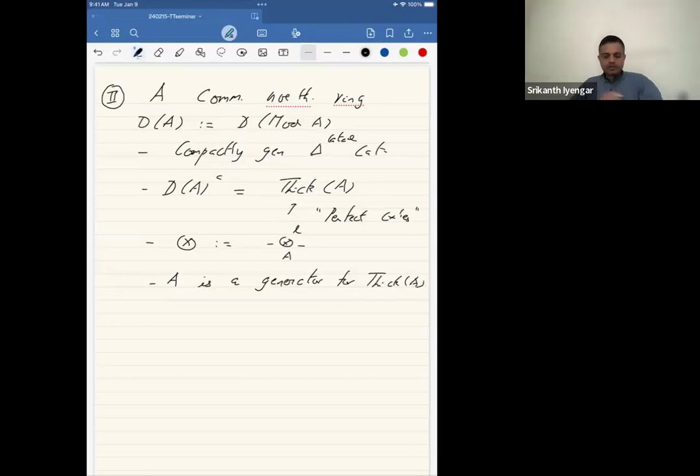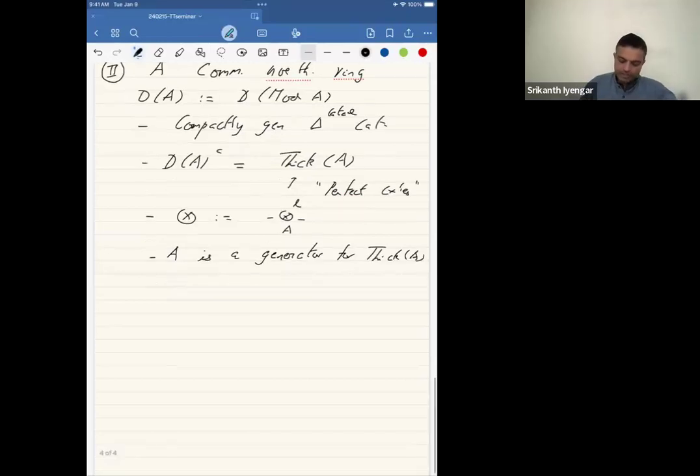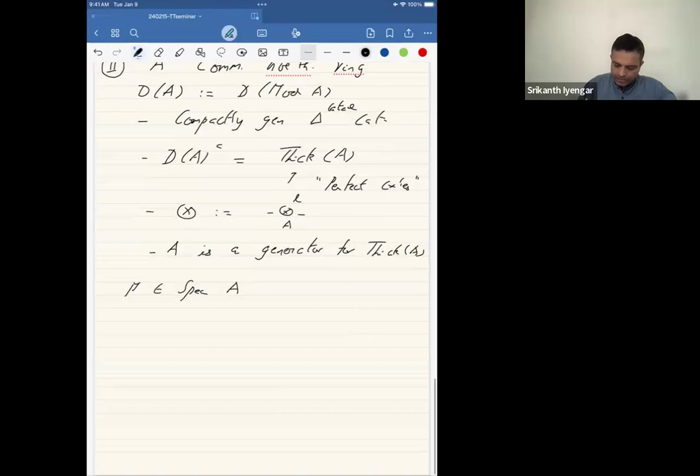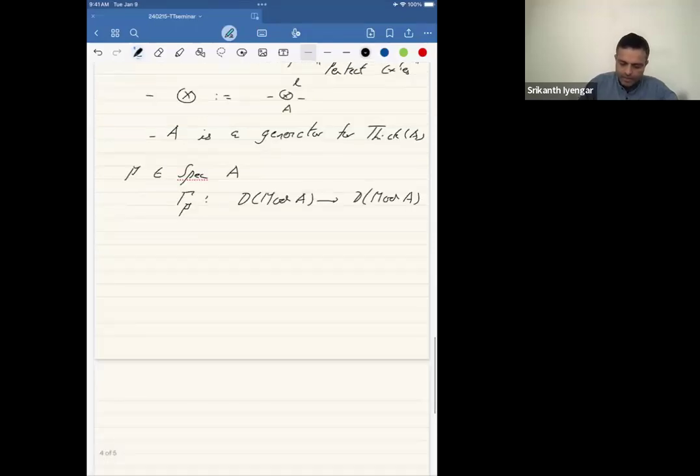Okay. So in this context, for each prime P in spec A, the spectrum of the ring, there are some functors which are local cohomology functors, gamma P on D of mod A, where gamma P of M, you can take this to be a definition: you first localize M at P, and then look at the part of it that's supported on the closed subset V of P. So here, this is the usual localization.